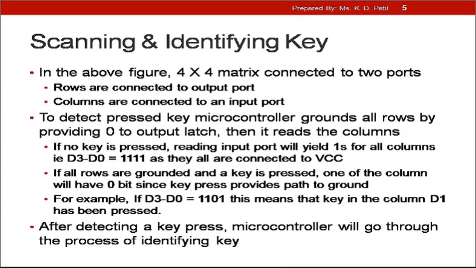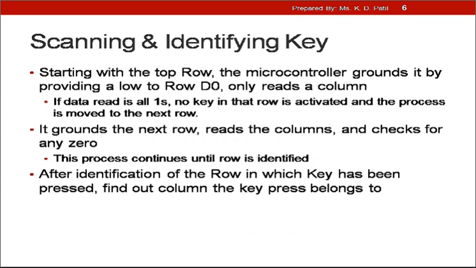So now the microcontroller has identified that a key has been pressed, but it does not know which key. For that, the microcontroller grounds the rows one at a time from the top, by providing a low to the row and reading the columns. Initially, the microcontroller will provide a low value to row D0 and read the columns related to row D0.